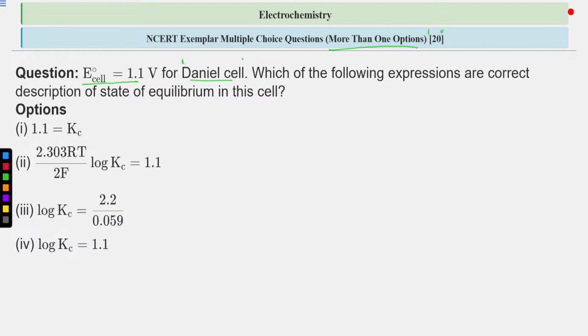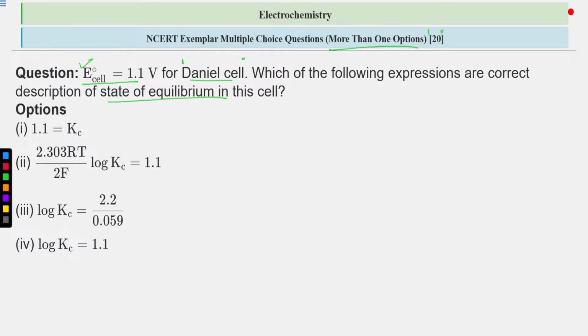The Daniell cell was the very first cell we studied in this chapter, where zinc and copper are present as the electrodes. One is cathode, another is anode. So the standard cell potential for that is 1.1 volt, right? Which of the following expressions are the correct description of the state of equilibrium in this cell?